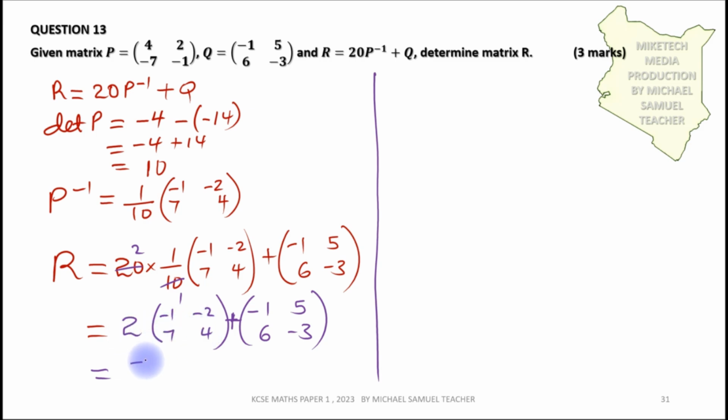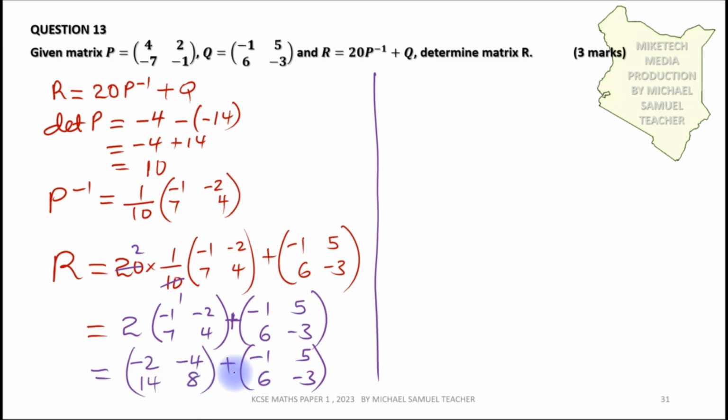So this will be -2, then -4, then 2 times 7, 14, then 2 times 4, which is 8, then plus -1, 5, 6, -3. So then we add corresponding elements.